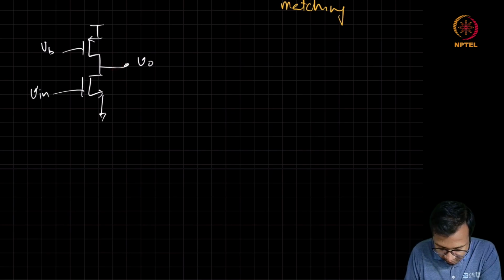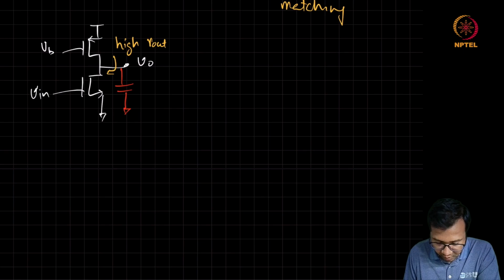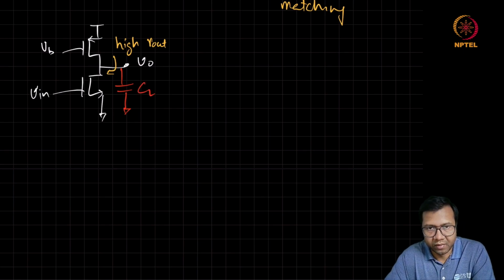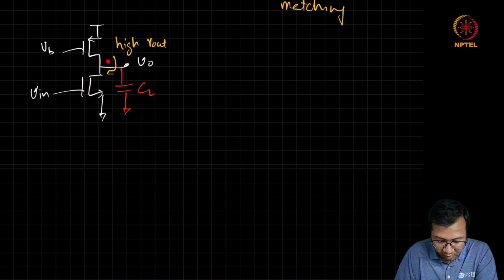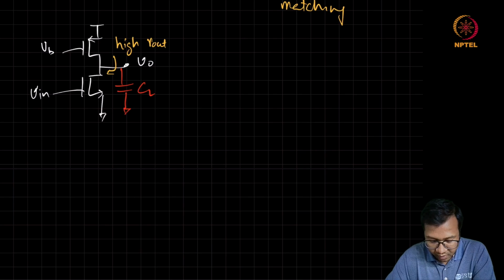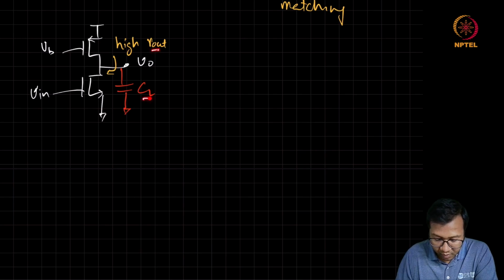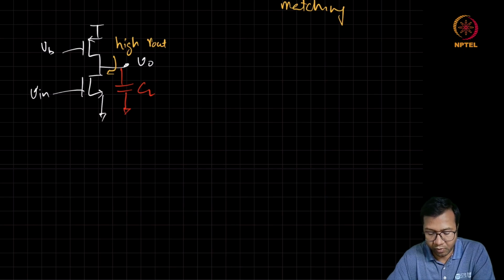And in addition to high Rout, there will also be this load capacitance, which may already include the capacitance seen at the drain of this MOSFET. So this Rout combined with the CL will give a pole at a much lower frequency, so that when we try to obtain the gain, it will be heavily attenuated.